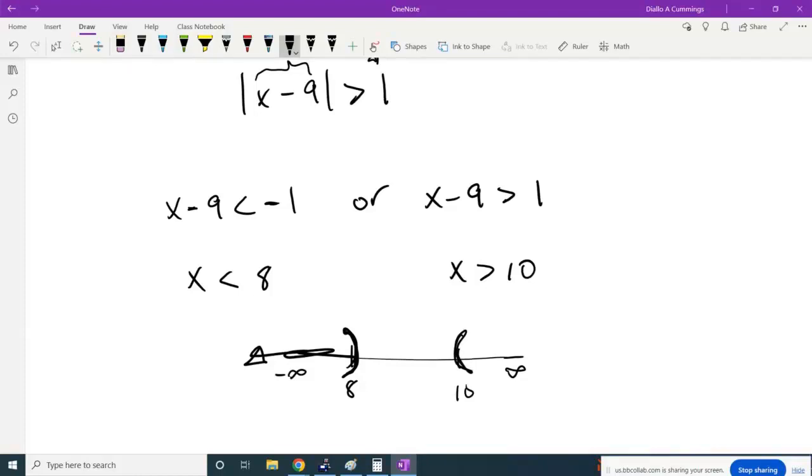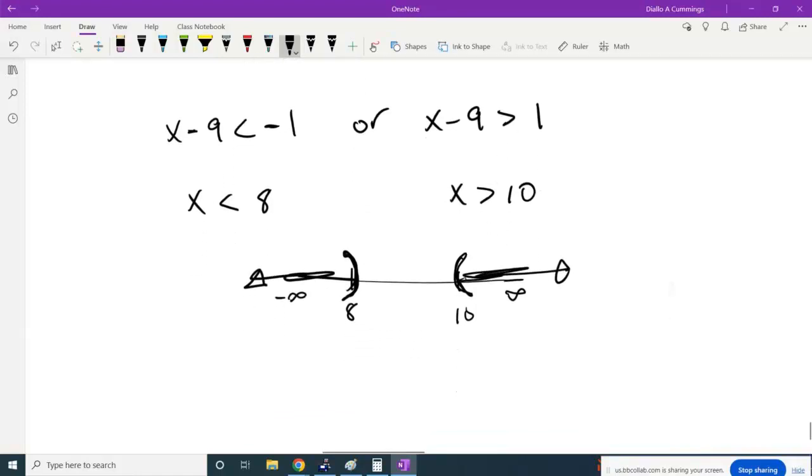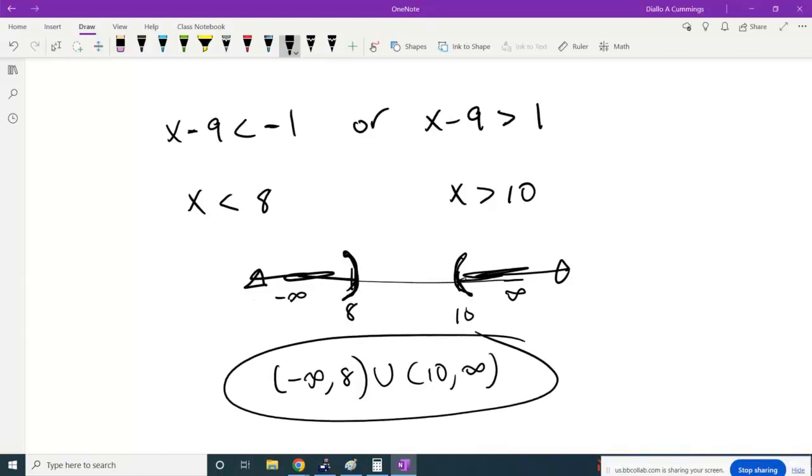So I have a parenthesis at 10 that faces the right. My line is going to extend to the right. So now I want to write that in interval notation. So I'm going to write it as negative infinity to 8, union 10 to positive infinity. All right, so that's the interval notation solution.